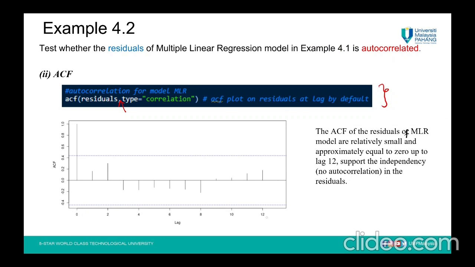R will give us the suggestion for K max for the residual data. For this data, the suggested K max is 12.